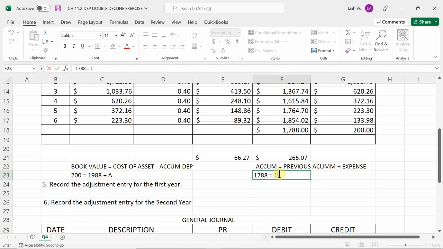Is it zero? No. Look at your chart. What did I solve for my accumulated depreciation for year 5? 1788.80? That's for the 6th year.